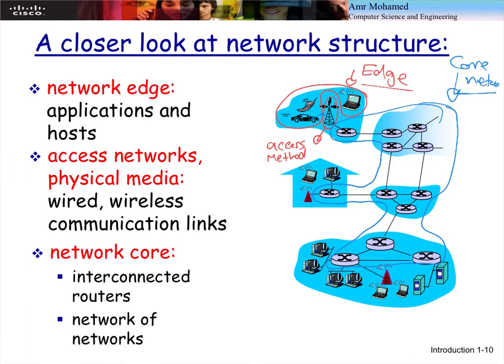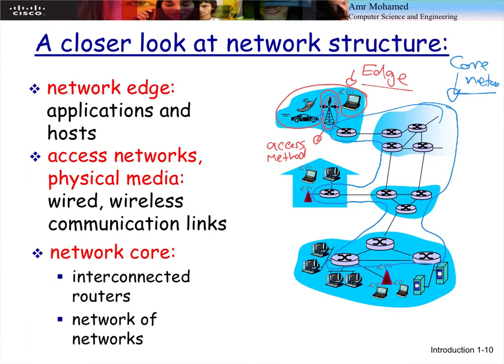Depending on this access method, there are so many implications. Whether these end devices share the network resources or have dedicated network resources. For example, here all of them use a 5G tower. This 5G tower is shared between all the end devices.